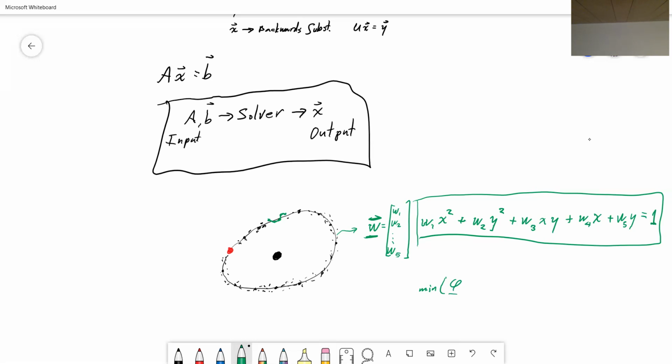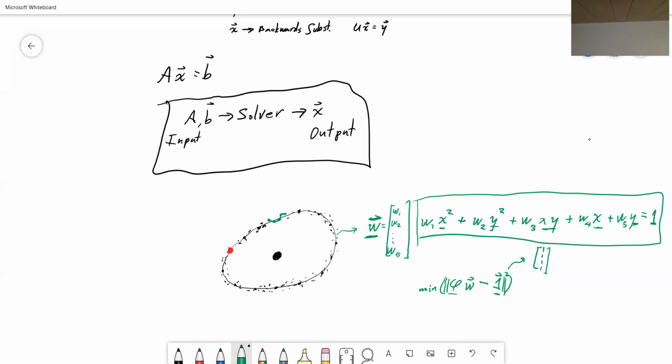So phi will be x squared, y squared, xy, x, and y. We'll be minimizing phi times w minus the vector of ones. This is just a vector that has ones all over it. We want to minimize the norm of this.